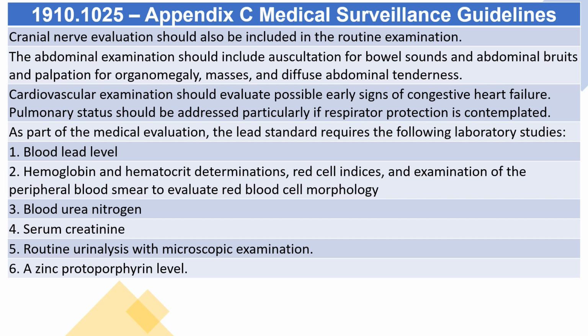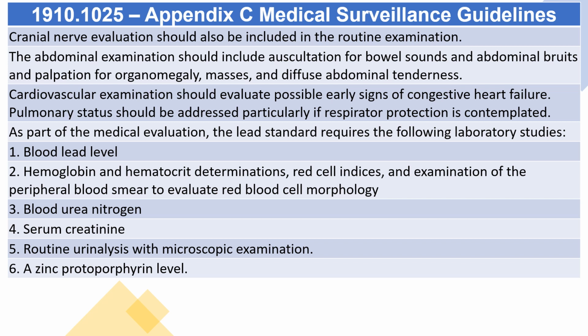As part of the medical evaluation, the lead standard requires the following laboratory studies: 1. Blood lead level. 2. Hemoglobin and hematocrit determinations, red cell indices, and examination of the peripheral blood smear to evaluate red blood cell morphology. 3. Blood urea nitrogen. 4. Serum creatinine. 5.